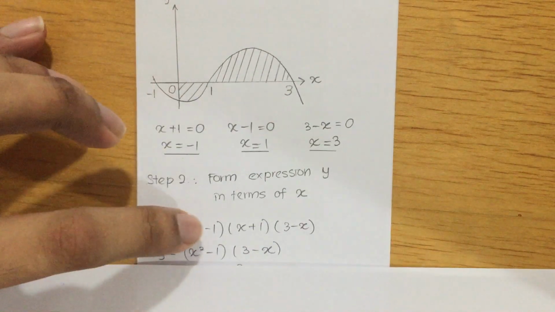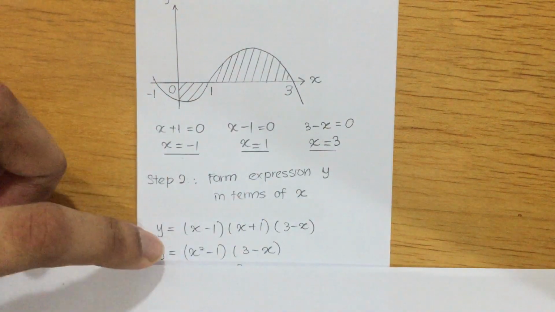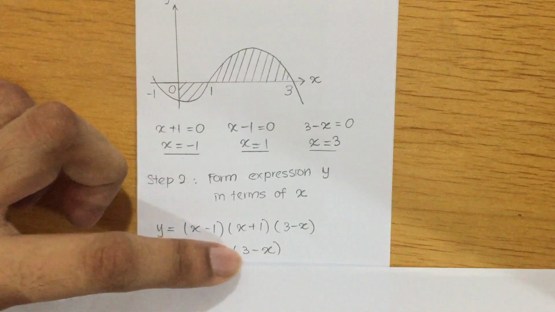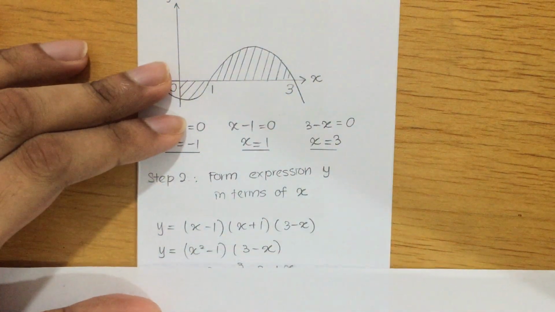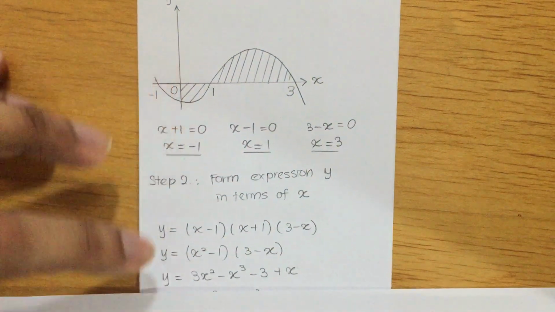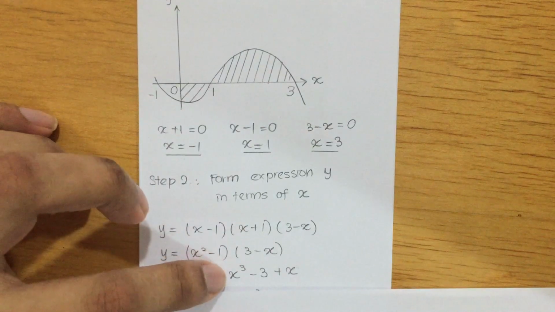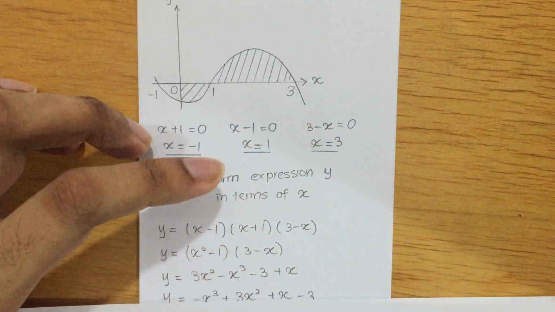So we expand x minus 1 and x plus 1 first. So from here you get x squared minus 1 and then 3 minus x. So we're going to further expand this bracket. And from here, you'll be getting 3x squared minus x cubed minus 3 plus x.